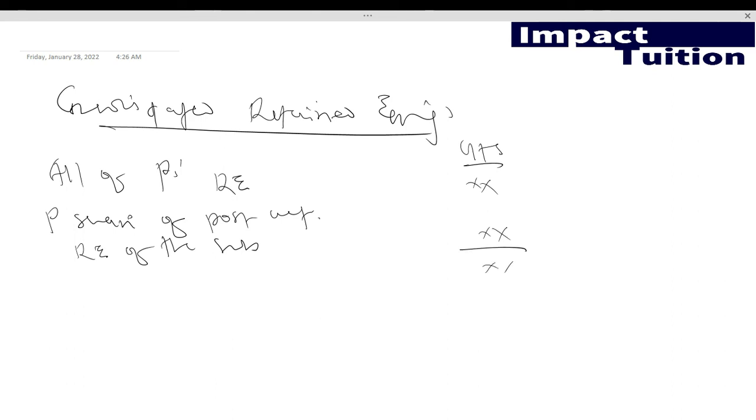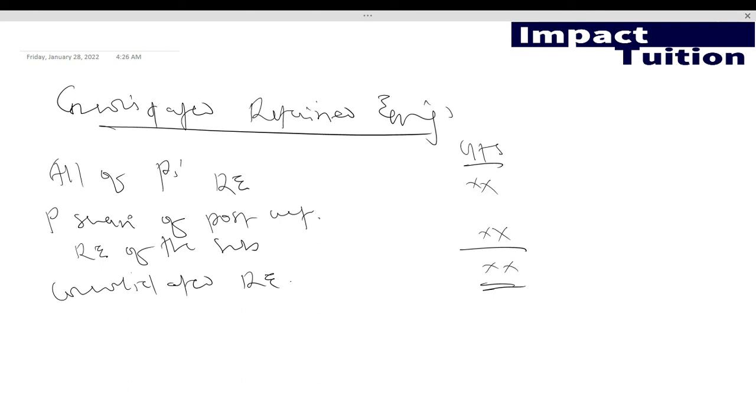That will give us our consolidated retained earnings. This is an introduction. We will have time for worked examples.